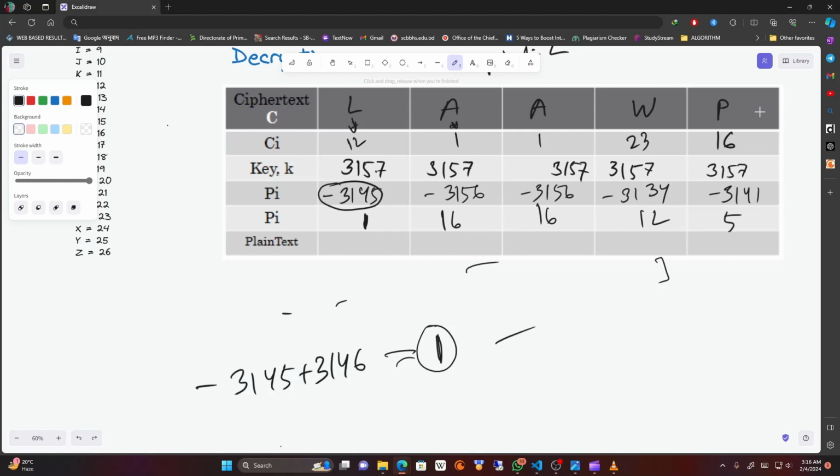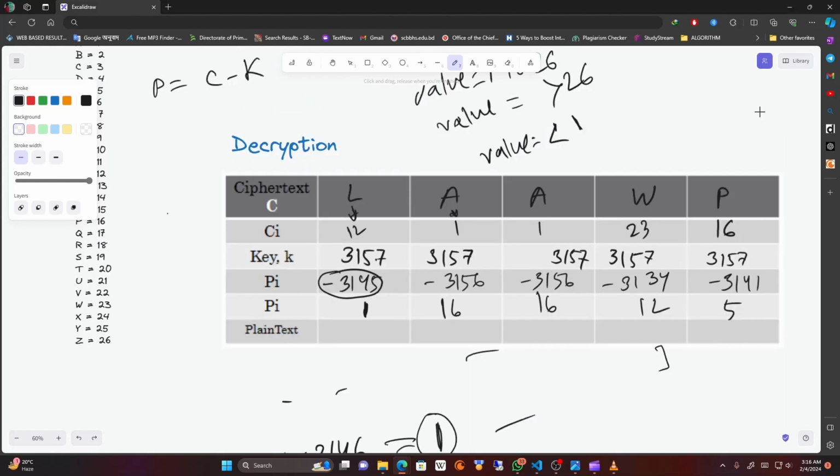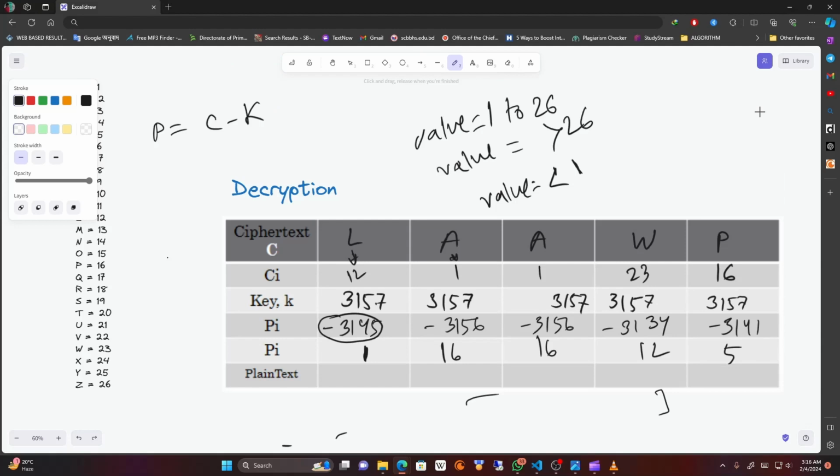So now we get all index values between 1 and 26. Now we just need to write down the letters at those indexes. For 1 it is A, for 16 it is P, for 16 this is P, for 12 this is L, and for 5 this is E. So we get Apple.